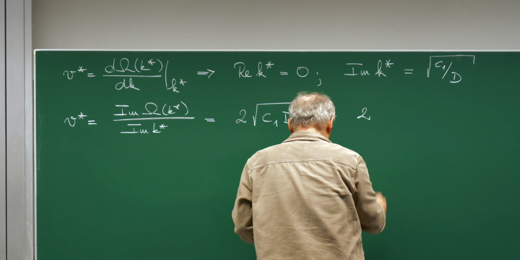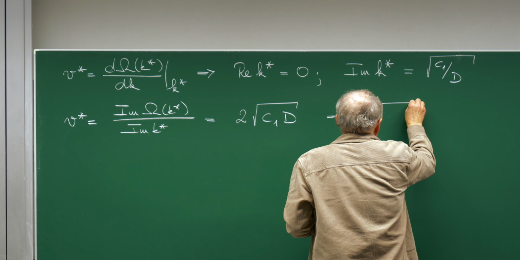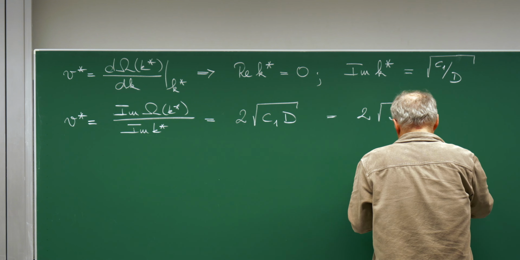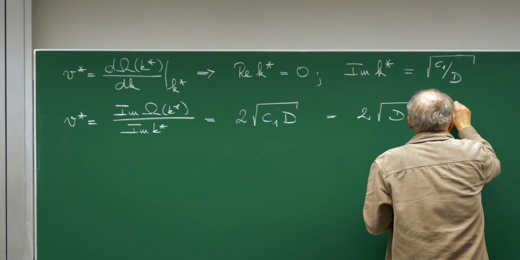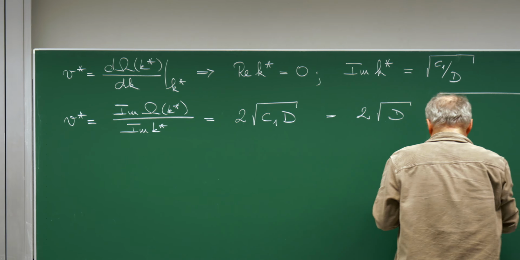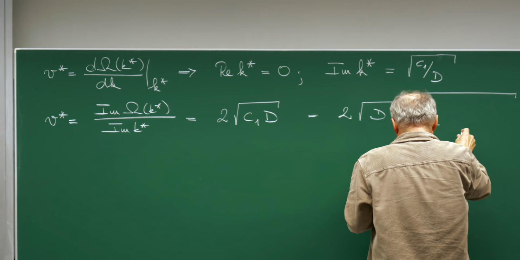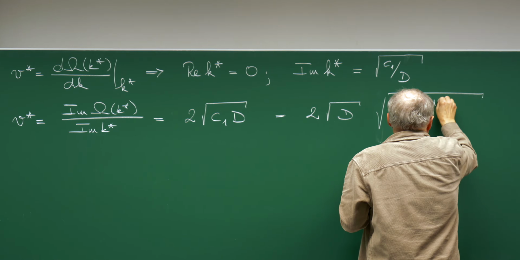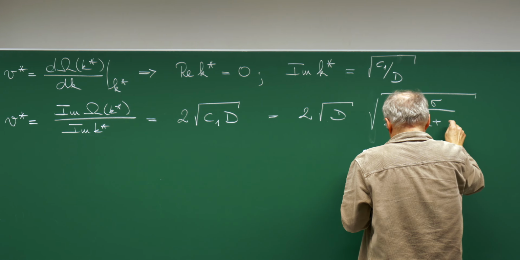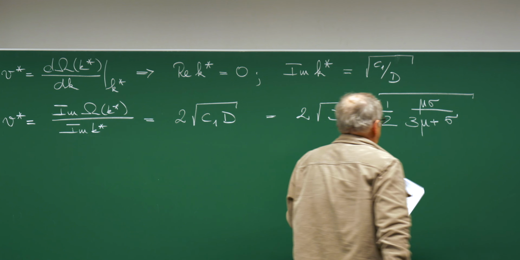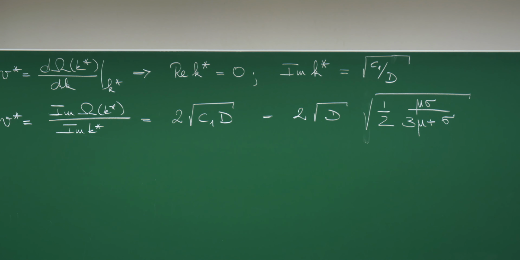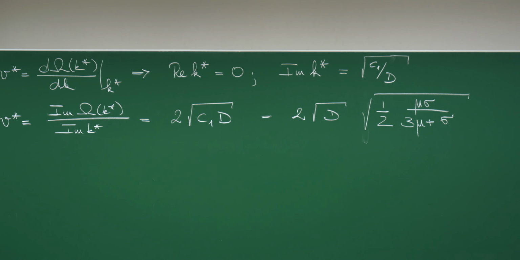And then this becomes 2 times the square root of D. Then we have a square root of 1 over 2 mu sigma over 3 mu plus sigma. And that tells us a few important things.